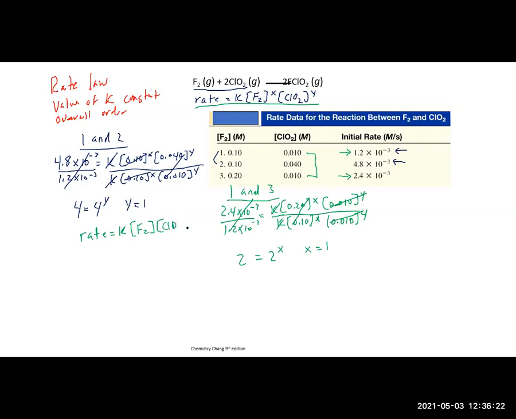Again, you do not have to put the 1 up on top. It's implied that it is 1. This also tells us that the overall order of this reaction is 1 plus 1, which means it is second order.